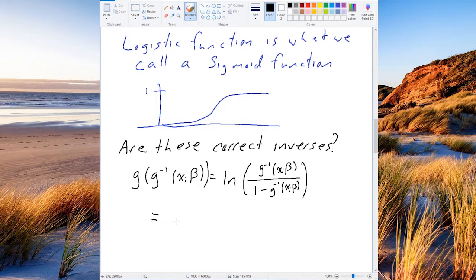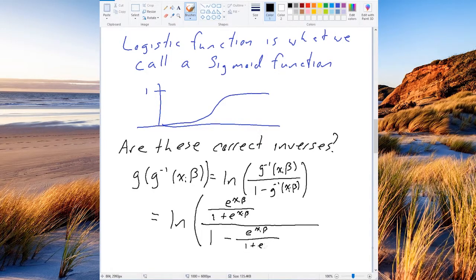And that's going to be ln of, this is going to be a fairly large fraction now. G inverse of xi beta gives me e to the xi beta over 1 plus e to the xi beta. And now here I've got 1 minus e to the xi beta over 1 plus e to the xi beta.